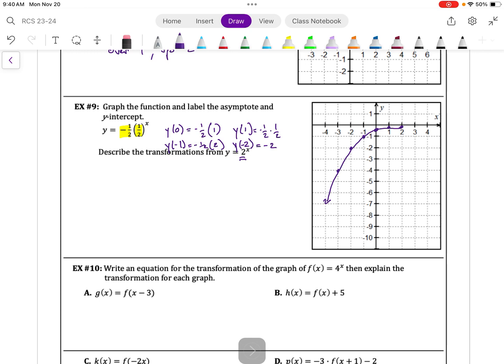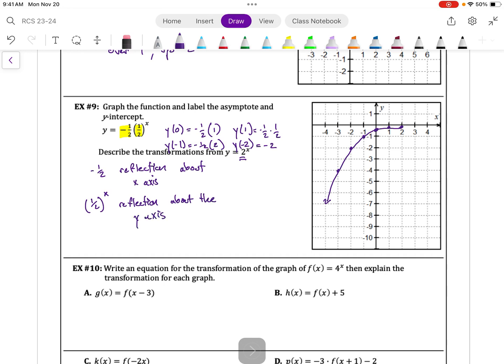So the -1/2 causes a reflection about the x-axis. And the 1/2 to the x term causes a reflection about the y-axis.